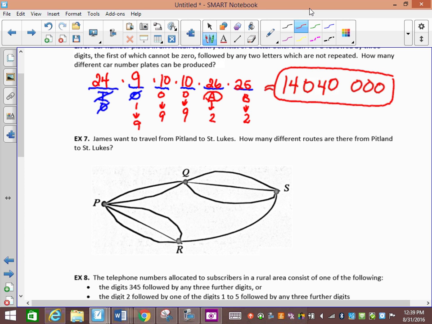There's 2 pathways that can get me through Q, and then there's these pathways that can get me to X. So I need to take this path and this path to get me to X, correct? How many options do I have for this part? 2. And then here, I have 3. I need to take this path and this path to get me there. So I multiply. So I have 6 paths along the top.